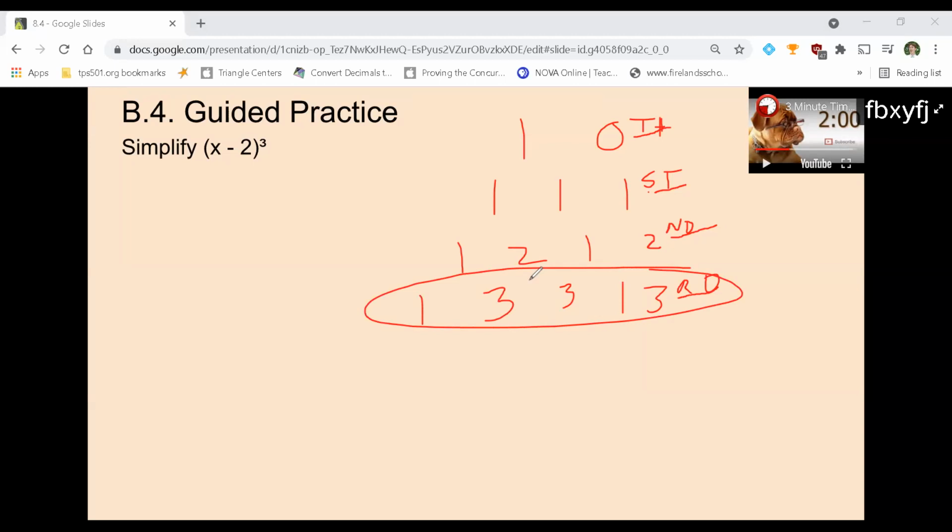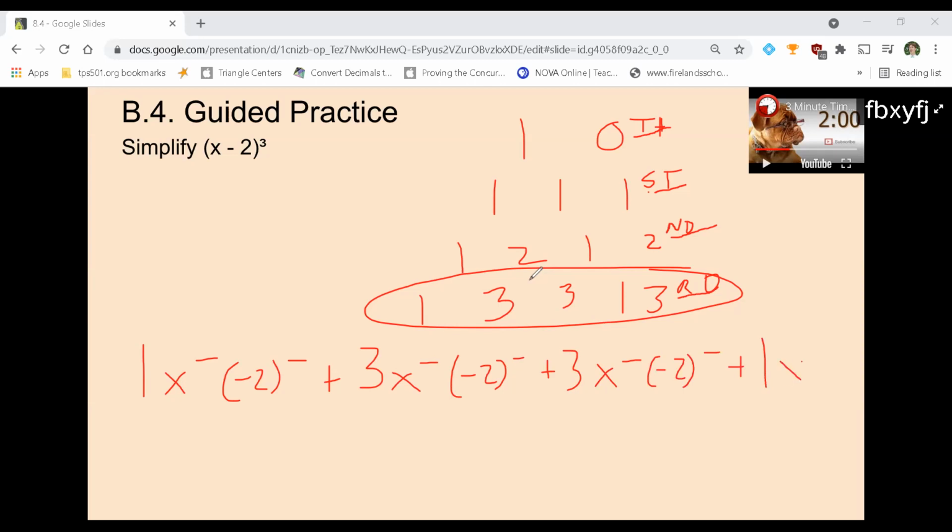Our answer is 1 x to the something negative 2 to the something plus 3 x to the something negative 2 to the something plus 3 x to what negative 2 to what plus 1 x to what negative 2 to what. Tell me what the powers are for each of these terms.